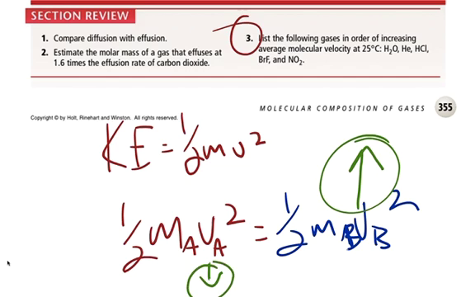If this one is moving faster than this one, then this one has to have a smaller mass than this one, because those two terms have to be equal.